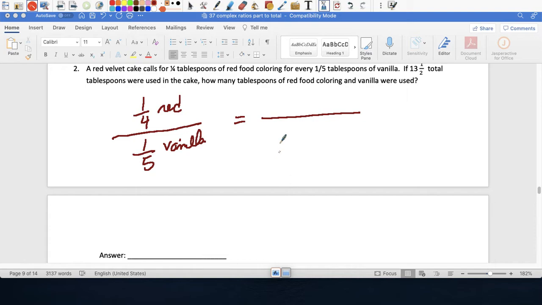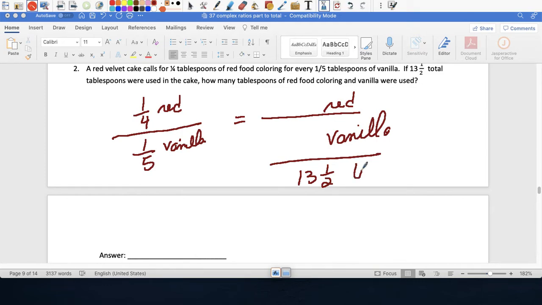We'll write red over here, vanilla over here. What happens if I end up using 13 and a half tablespoons? How much of it was red food coloring and how much of it was vanilla?